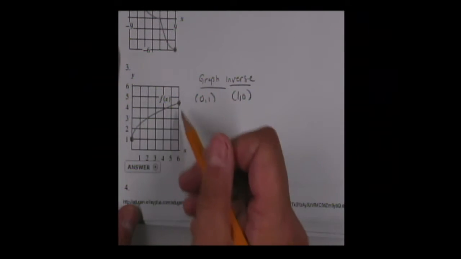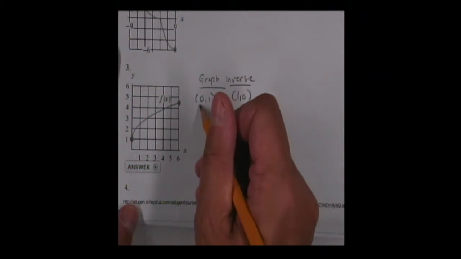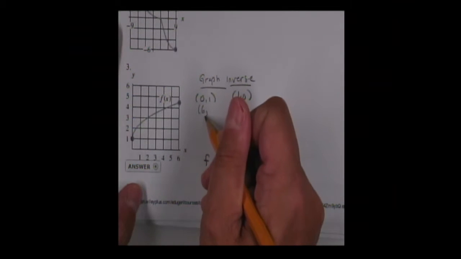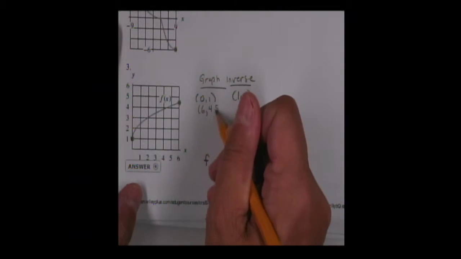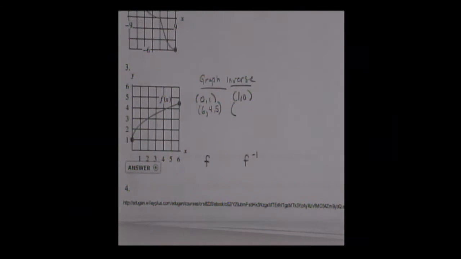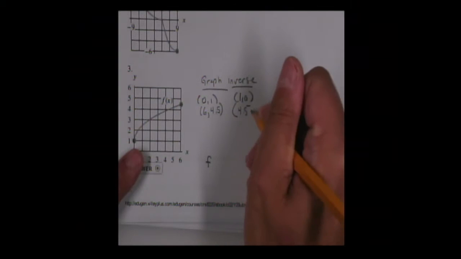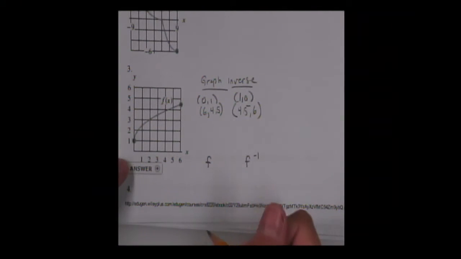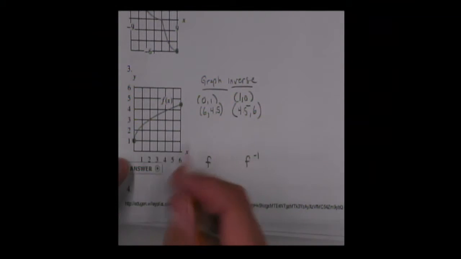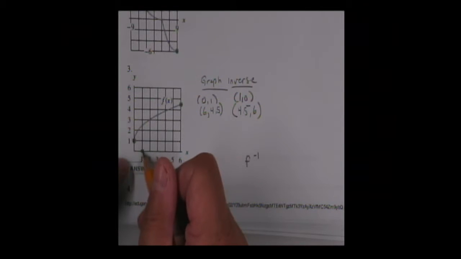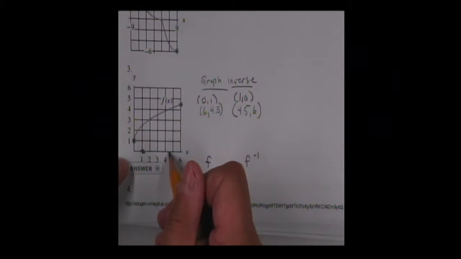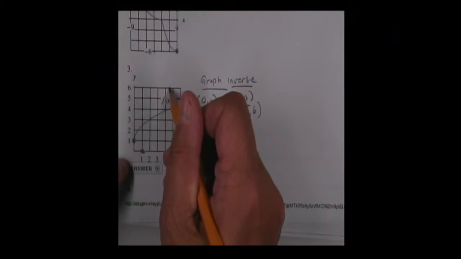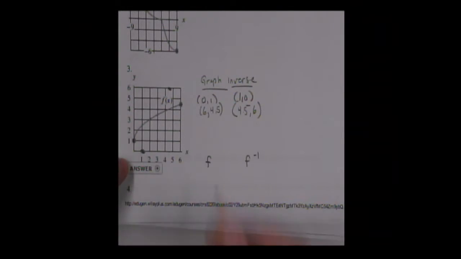And they gave us this one as well, which looks like over 6 up 4.5. The corresponding point there would be (4.5, 6). So here's this point, and then here's (4.5, 6), and I can draw the graph.